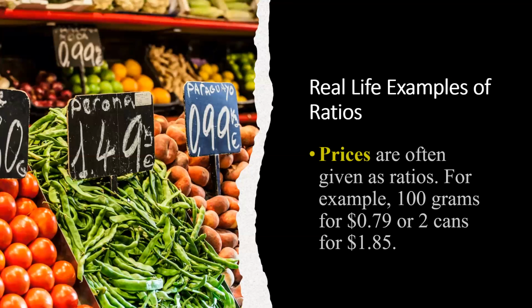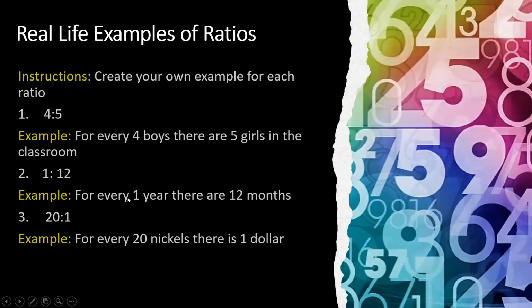Moving right along. All right. So these are basically real world examples of ratios. I'm going to give my own examples, and I want you to put your example inside the chat, okay? So let's use number one.